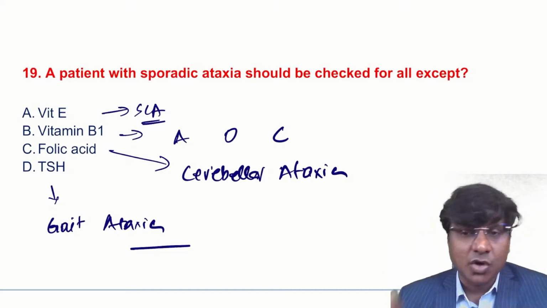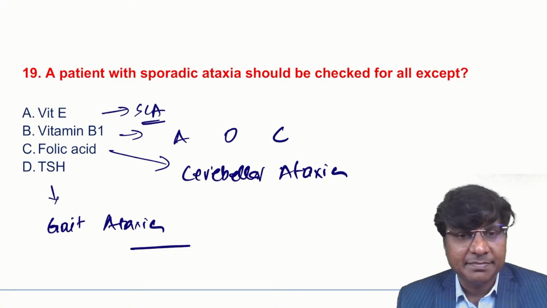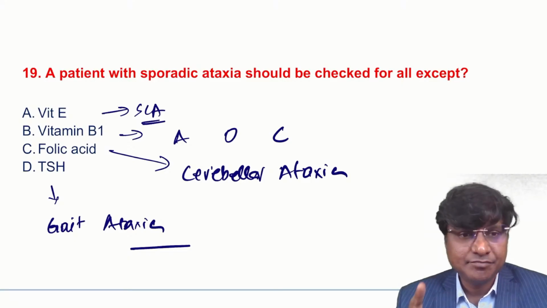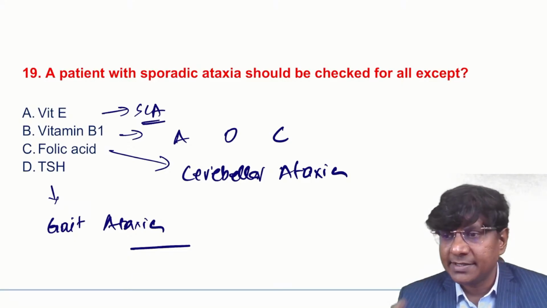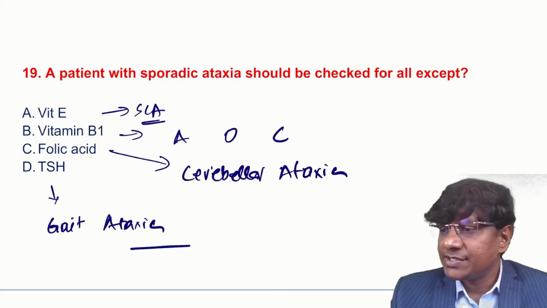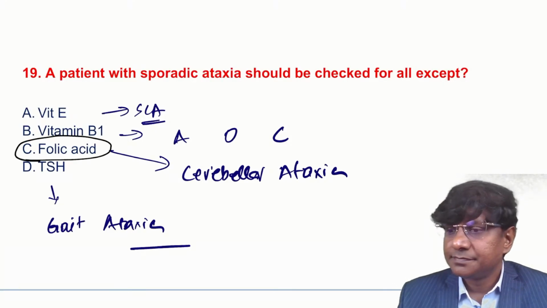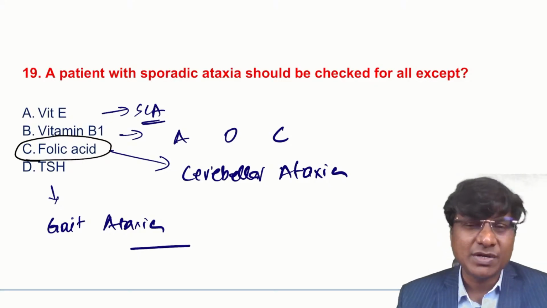Almost all these options are responsible for the development of ataxia, right? If only one is to be selected, then you just go with folic acid deficiency, because it is not very common.